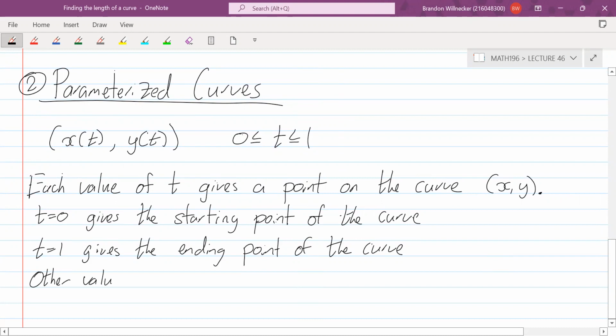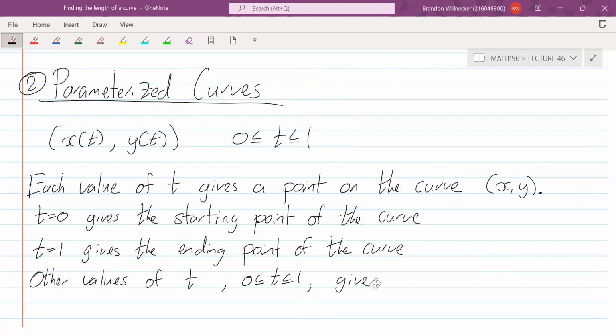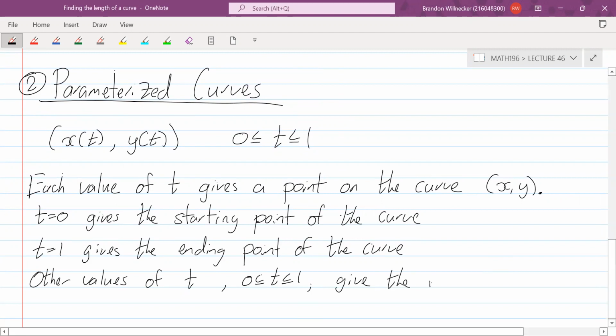So other values of t, from 0 to 1, give the in-between points on the curve.